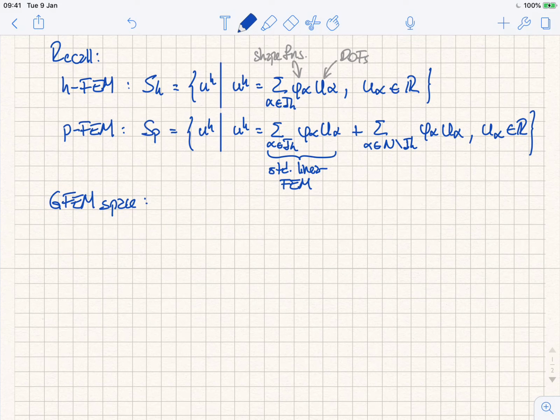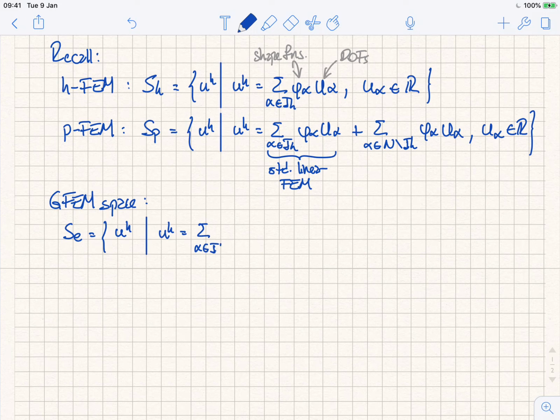We're going to call this space E, and it's going to be defined as the functions UH such that UH is equal to, and we're going to keep the same notation as before.